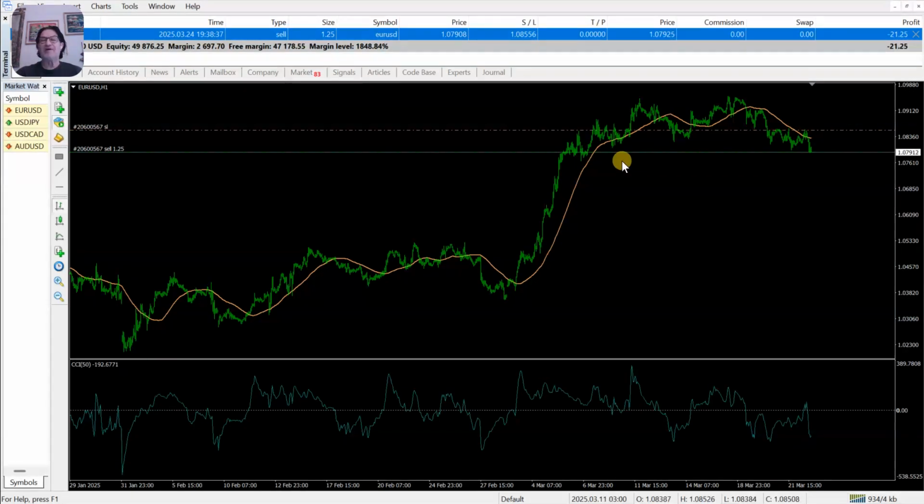Release your mouse button and your stop loss has been set. It tells you right here, SL stands for stop loss. Now at this point in time, you just let this puppy run. And like I said, the only thing you do is monitor it for when it goes above the zero line, and then you exit the trade, and that's it.